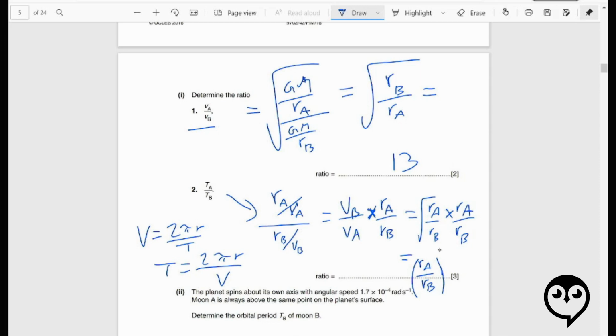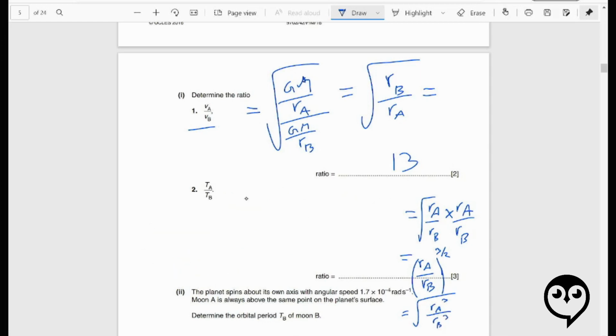That's to the power of 3/2. To the power of 3/2 is the same thing as saying root of RA cubed over RB cubed. In other words, the quicker way to have solved this might have been to use Kepler's law.